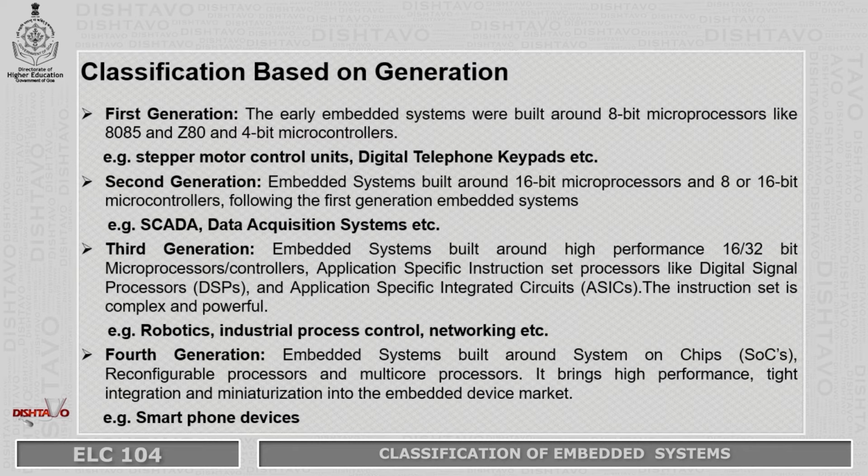These systems were generally used for applications like SCADA, that is supervisory control and data acquisition in industrial processes, and in data acquisition systems, etc. The third generation of embedded systems were built around high performance 16 or 32-bit microprocessors or microcontrollers, then application specific instruction set processors like digital signal processors and application specific integrated circuits.